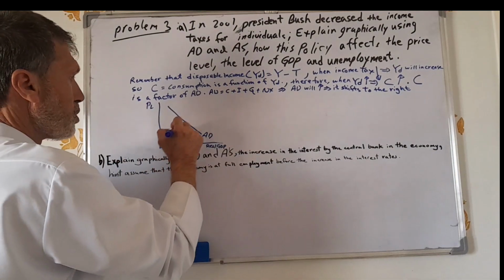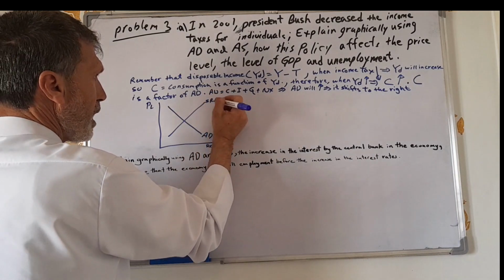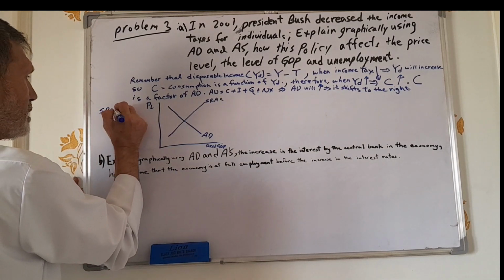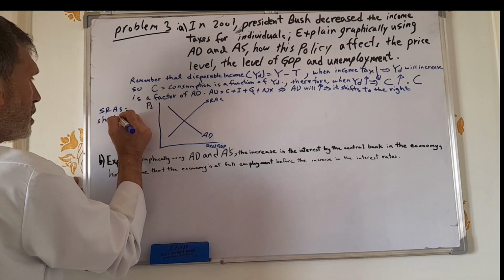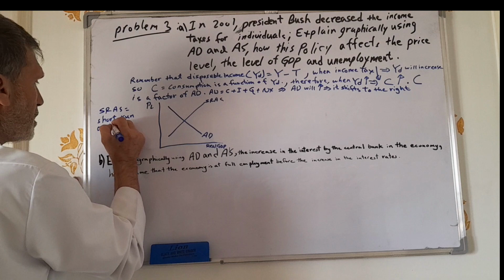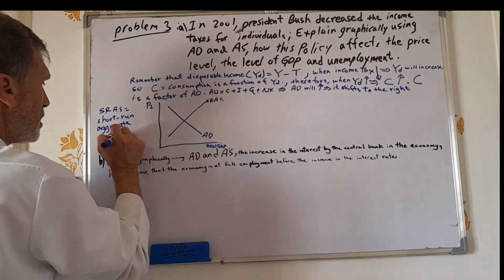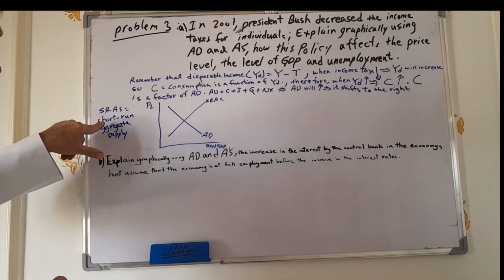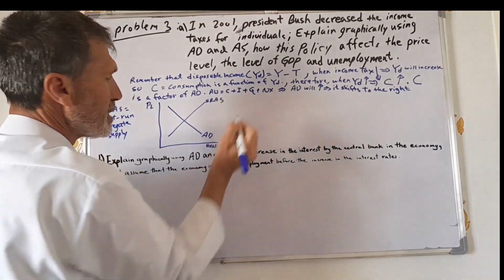And we draw the short-run aggregate supply. SRS stands for short-run aggregate supply. As you can see, it is upward sloping.